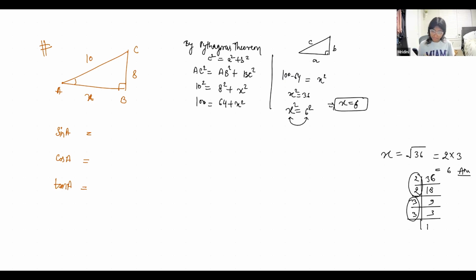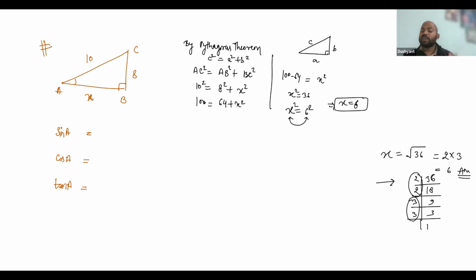Or you can keep in mind in this way also: if x squared equals 36, then just think about the number whose square is 36. So 6 is the number whose square is 36. A few numbers you can keep in mind. If you are not able to think of the number whose square is the given number, you can do it in prime factorization form. You can make the pairs.